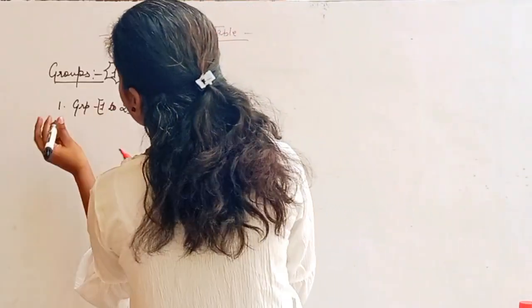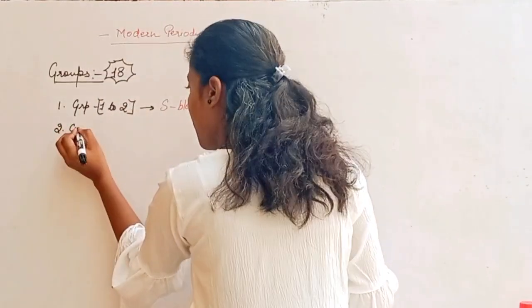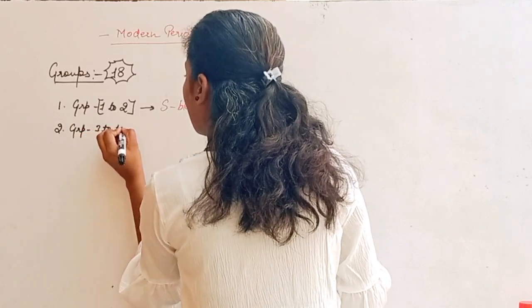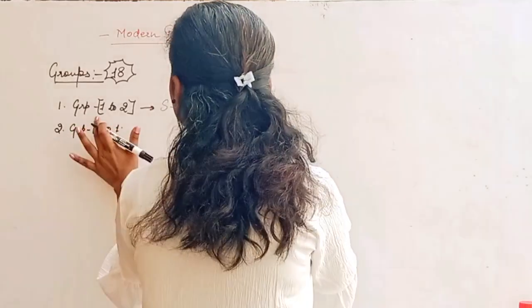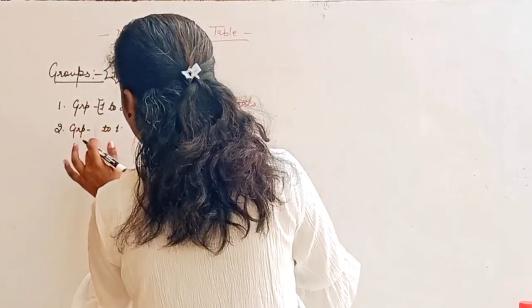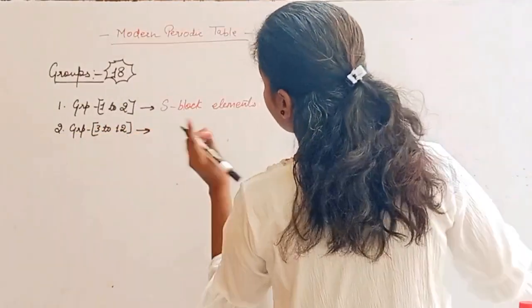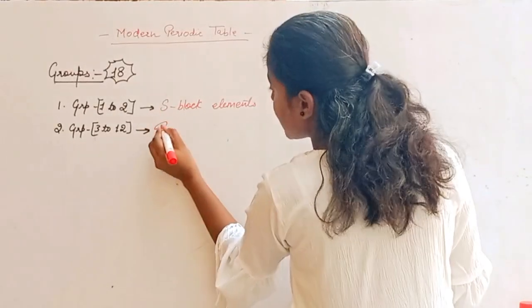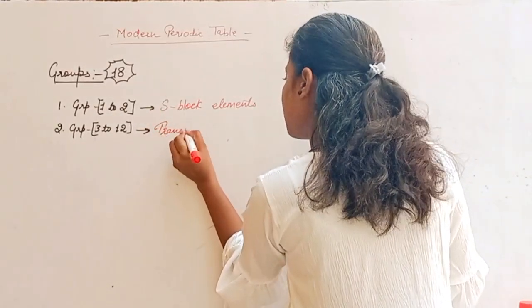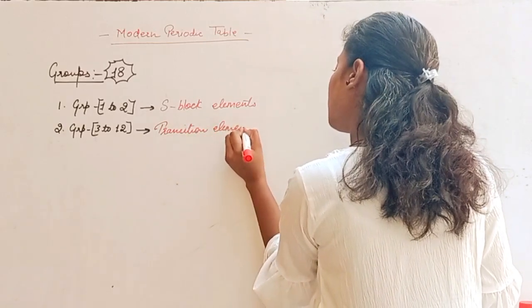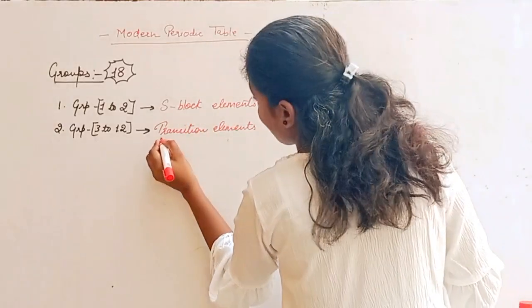The second, from group number 3 to group number 12, are the transition elements, known as D block elements.